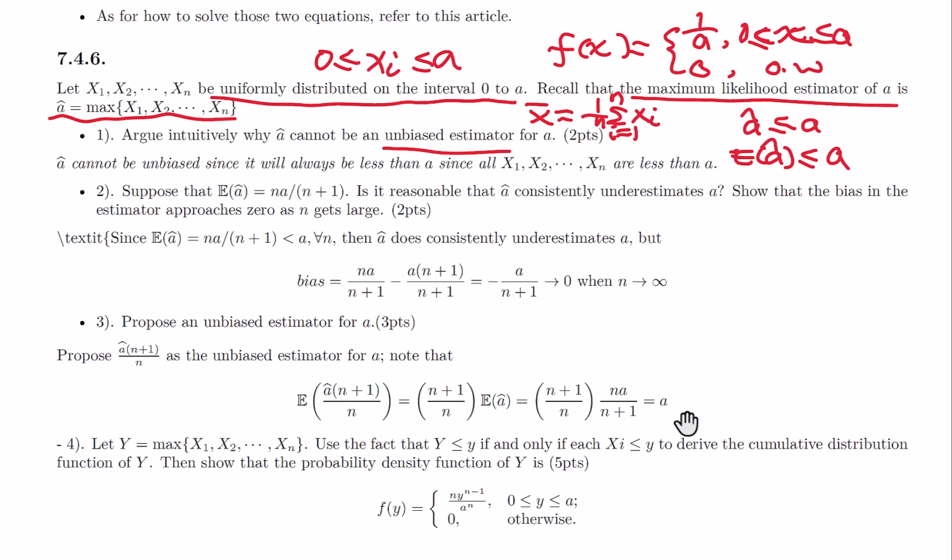Some of the values are big, some of the values are small, whatever. You just add them all together and divide by n. So this averaging effect will smooth the bigger values and small values, kind of picking something in between.